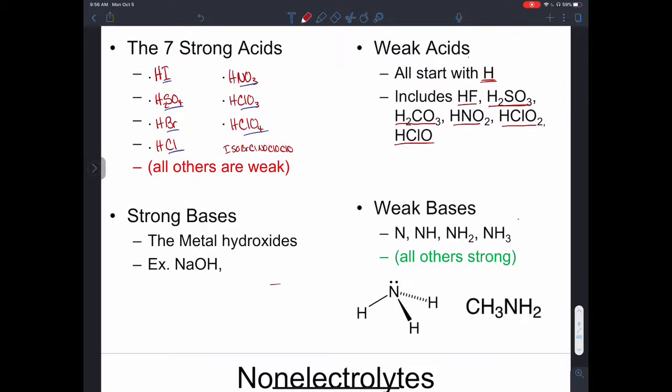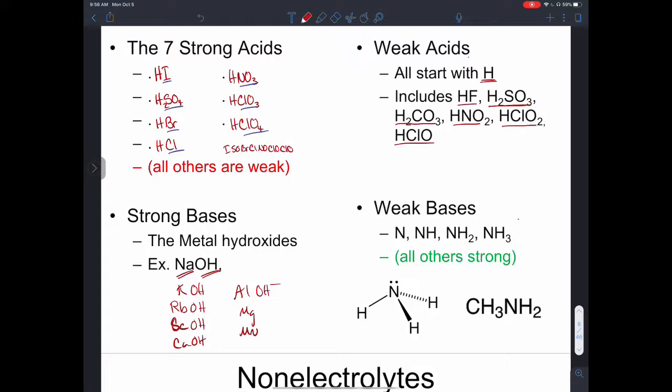Strong bases are called metal hydroxides because they're always a combination of a metal and a hydroxide ion. So any metal you can think of: potassium, rubidium, cesium, calcium, aluminum, magnesium, manganese, any of them, and put a hydroxide behind it, those are all strong bases.